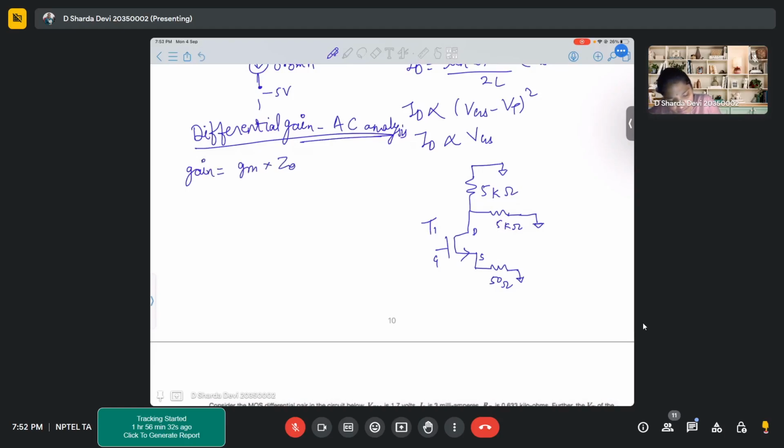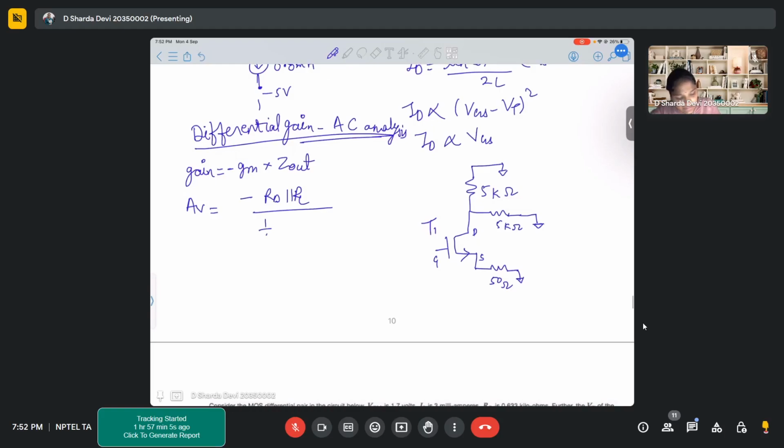Gain for the source degenerate CS amplifier is minus gm into Z out, which is minus RD parallel RL. This has already been solved in the lectures, and you know how to solve for a source degenerate amplifier and get your gain.